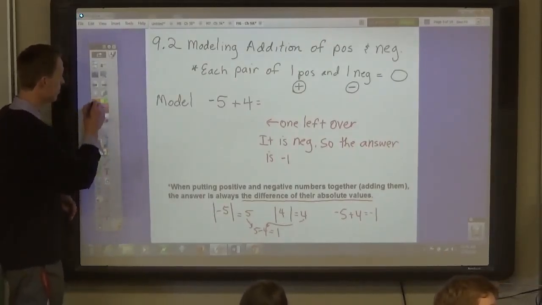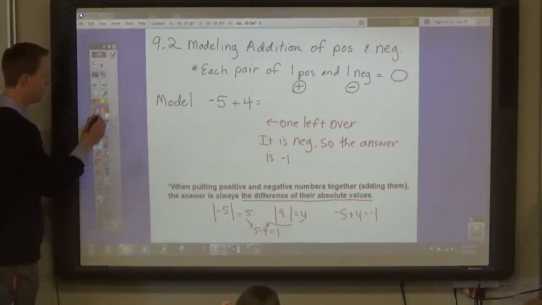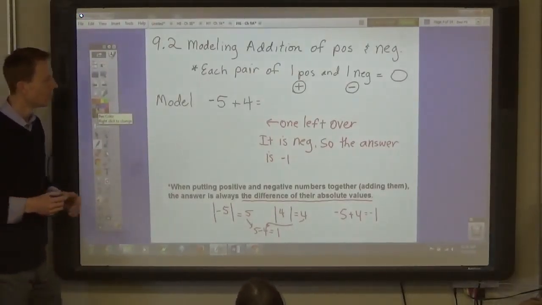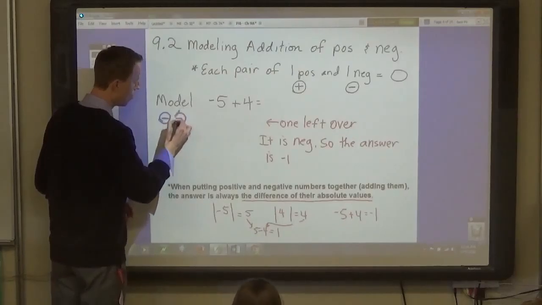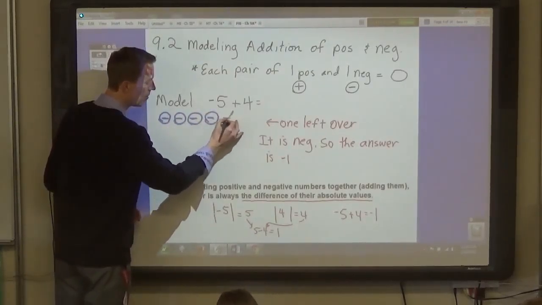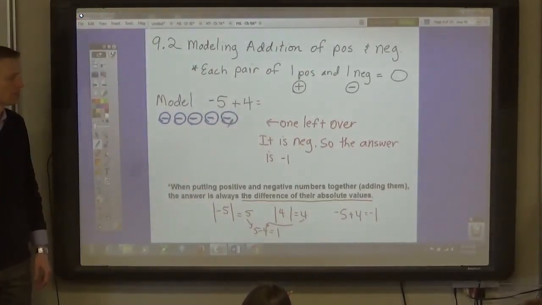So suppose you're starting with negative 5. Start with -5. And now what I want you to do is draw 5 negative signs and circle them. 1, 2, 3, 4, 5. Okay? Draw 5 negative signs and circle them.